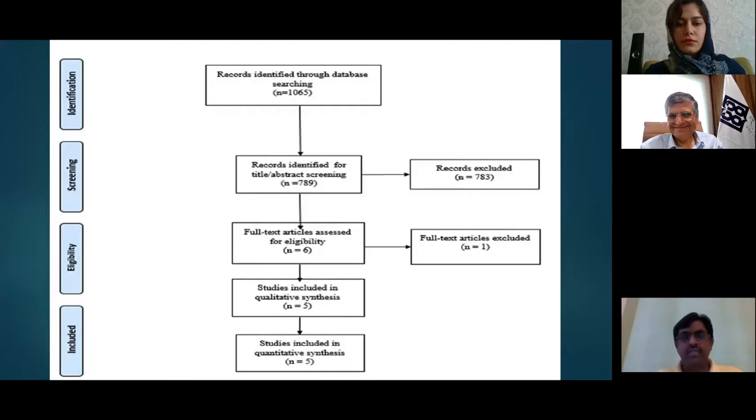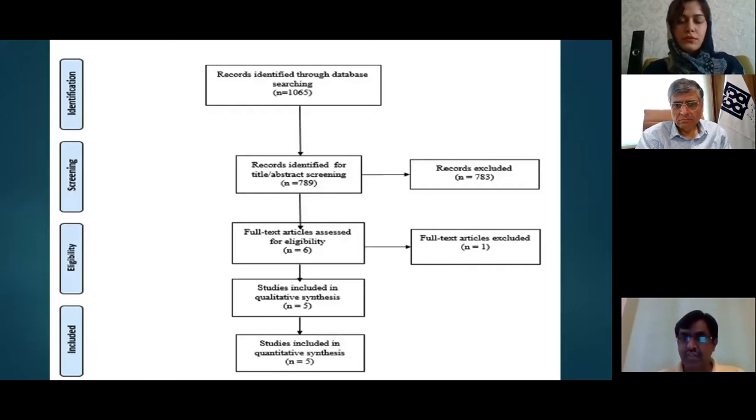If you see this particular slide, the first number is 1065. How we get this number is the total number of papers you get from all the databases. I think, if I'm not wrong, in this particular study we used 4 databases. These 4 databases, combined, gave us 1065.